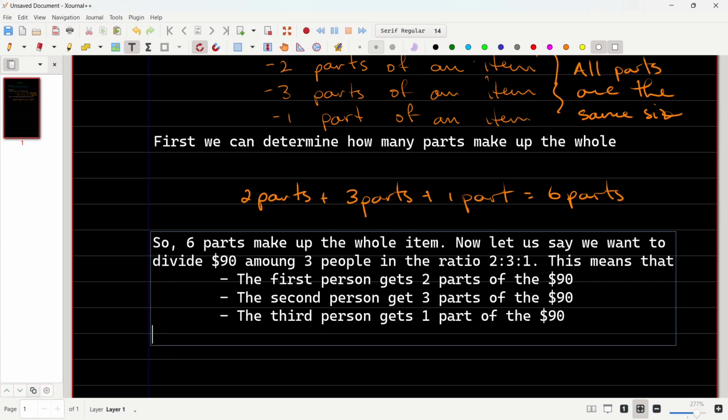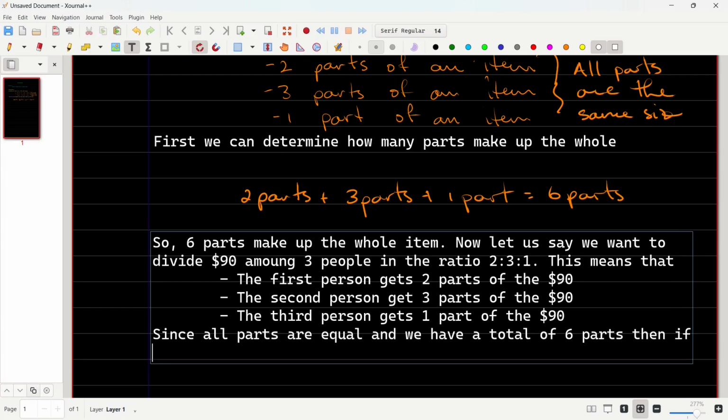And since all parts are equal and we have a total of 6 parts, if we want to find how many dollars belong to each part, we can do the following.